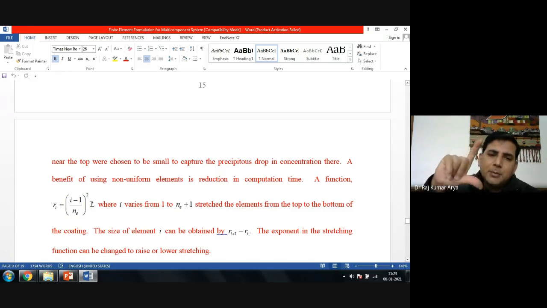Let's say this L is the complete boundary, and from here you can generate the element size, or you can say the position of each element. So I put here (i minus 1) upon n to the power 2 multiplied by L, where n is the number of elements you want to choose. Let's say you want to choose 2, 3 and 4. Based on that you will get the position of R1, and the difference of R1 and R2 gives you the element size.